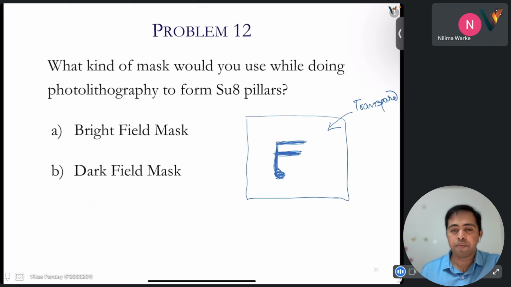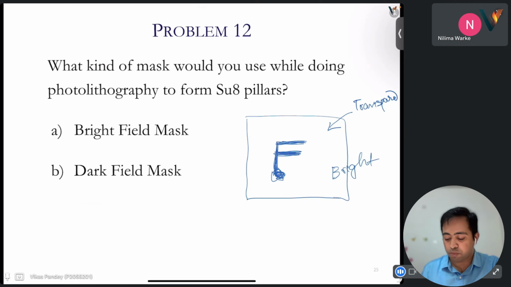Since the maximum area is transparent, it is a bright field mask.